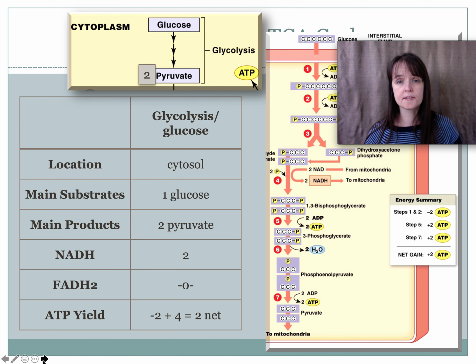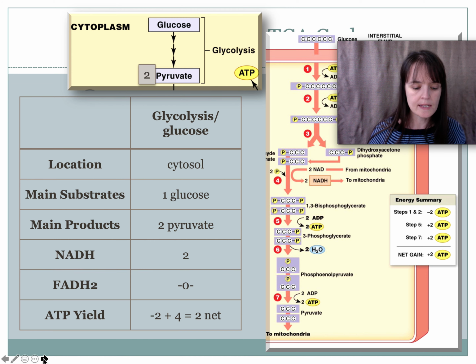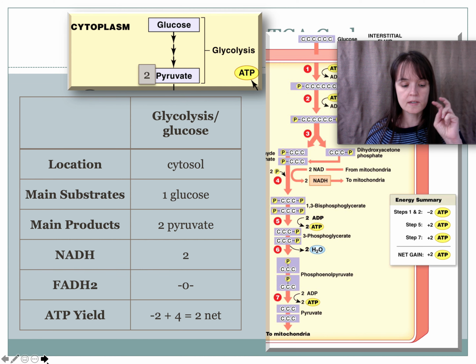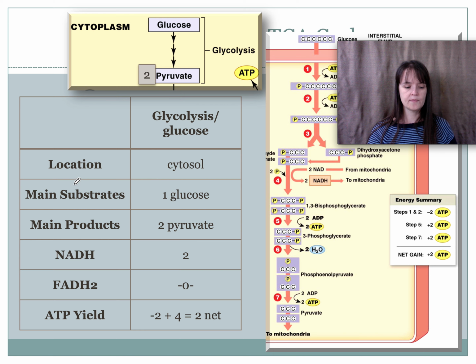Page 6. Because glycolysis breaks glucose down into 2 different pyruvate molecules, each glucose molecule that enters the cell causes a citric acid cycle to turn twice, 1 for each pyruvate. So, to sum up, the location of glycolysis is the cytosol.